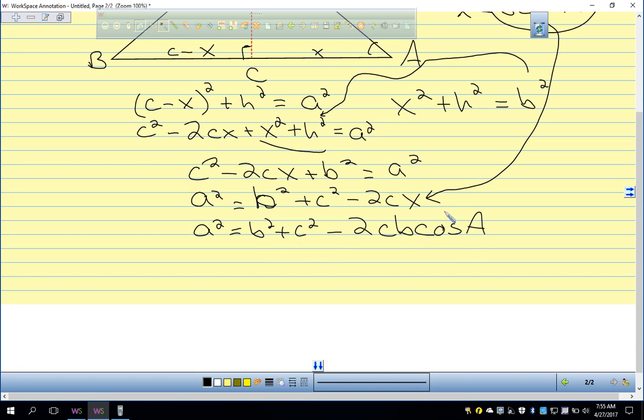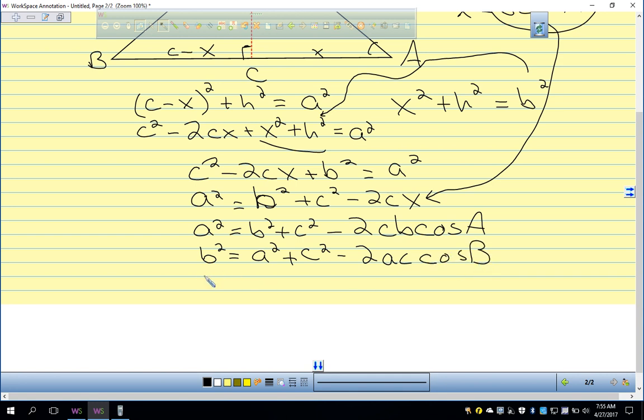Usually they write this as BC. The law of cosines says that A squared equals B squared plus C squared minus 2 times C times B times cosine A. Or you could write this as B squared is equal to A squared plus C squared minus 2AC cosine B.